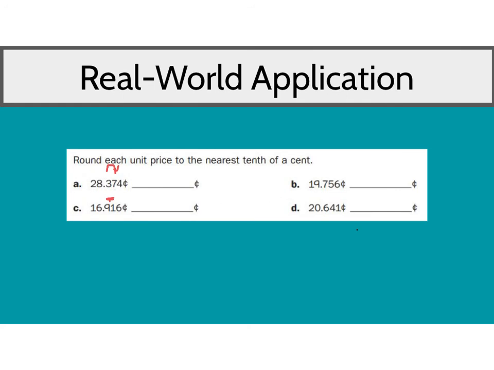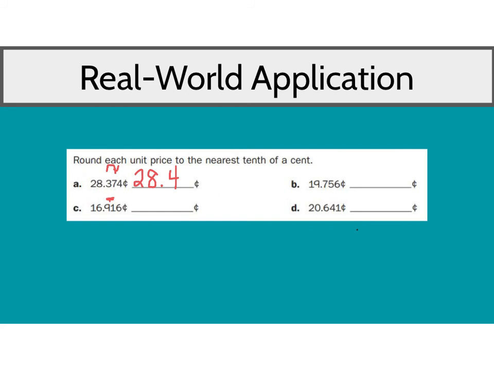We're going to have 28 and the decimal point. That's not going to change. What's going to change is, does the 3 stay a 3 in that 1/10 place, or does it change to a 4? The fact that we have a 7 to the right means that we're going to bump that up 1, so we're going to round up. In that example, we would round to 28 and 4/10.